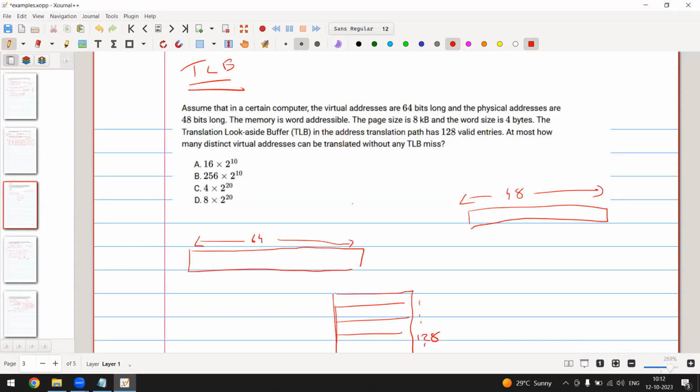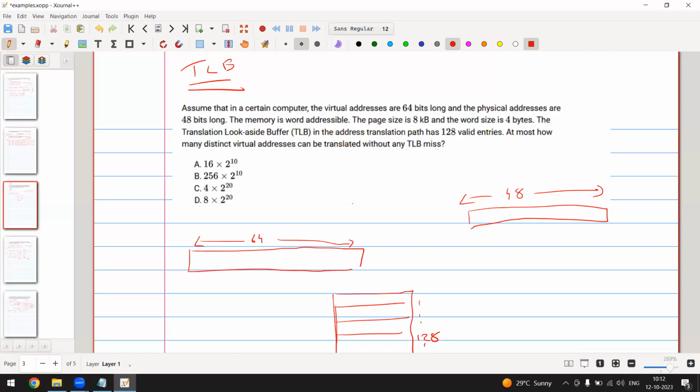So here it asks how many addresses at most you can form without a TLB miss. In the best case, how many addresses can you form directly from the TLB? That is what is asked. Now let's break down everything.